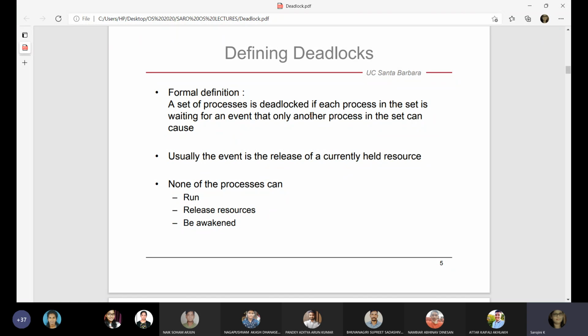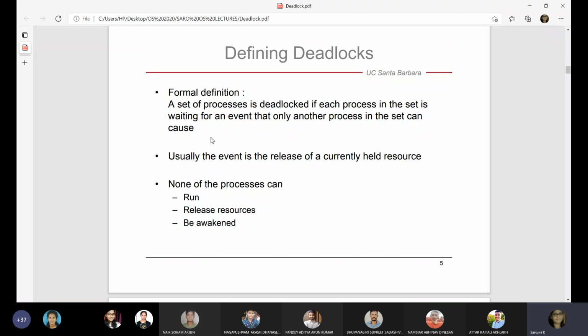In our example, we said processes P1 and P2 got deadlocked. This condition is satisfied if each process in the set is waiting for an event that only another process in the set can cause. So one depends on another in a chain, in a circular manner.